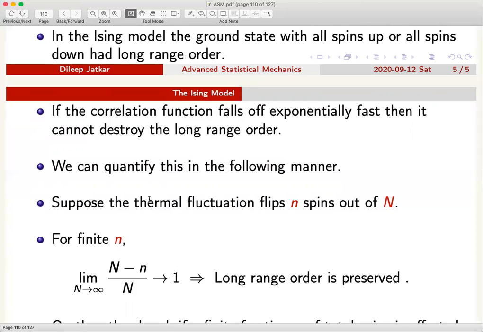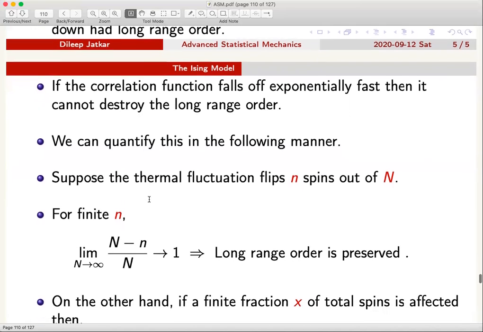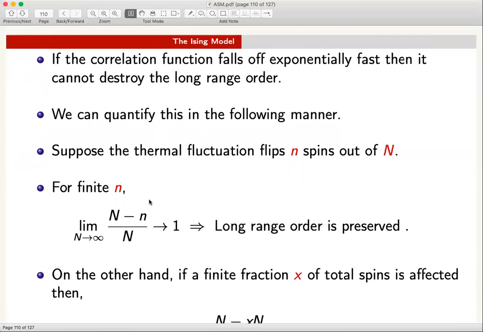Physically, this just means that if you have a very large number of degrees of freedom, and a significantly small fraction of it is behaving differently, it does not disturb the order in the system, which is dominated by a much larger number of degrees of freedom behaving in a coherent fashion. Is that okay?